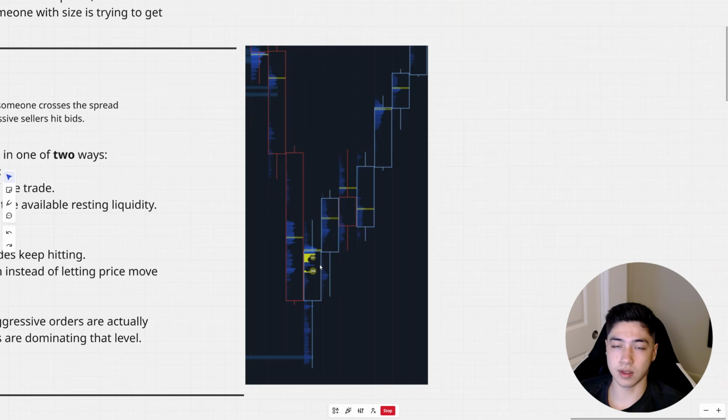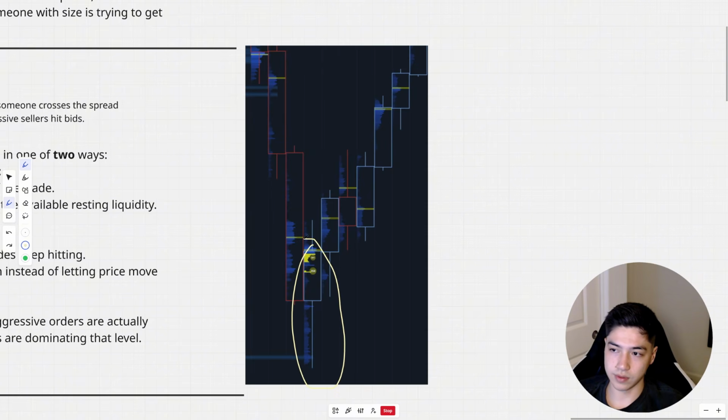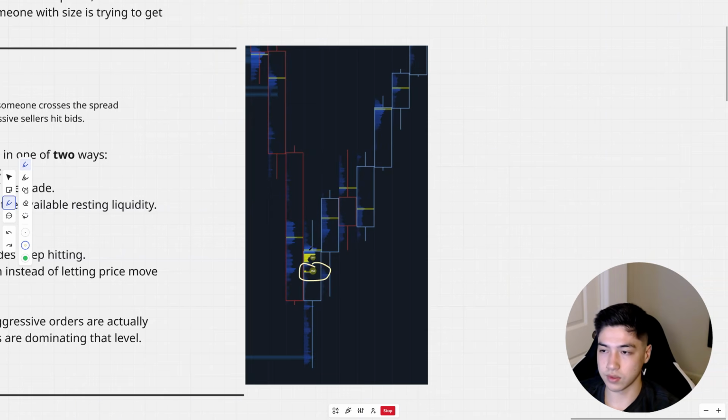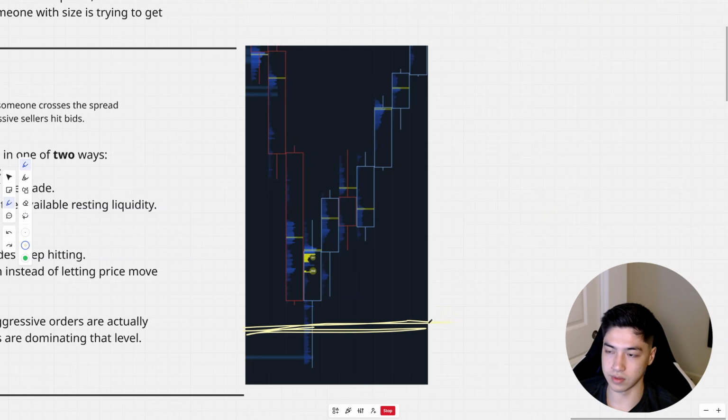Now we might be thinking, is this actually going to reverse right here, or is this just stalling out before we continue lower? Now when this candle does print bullish, we see buyers stepping in here and buyers stepping in here. So essentially what that's indicating to us is, let's say that we have a level sitting here and we were looking for a reversal off of this level, and we wanted to make sure that this level wasn't going to just get ran through.